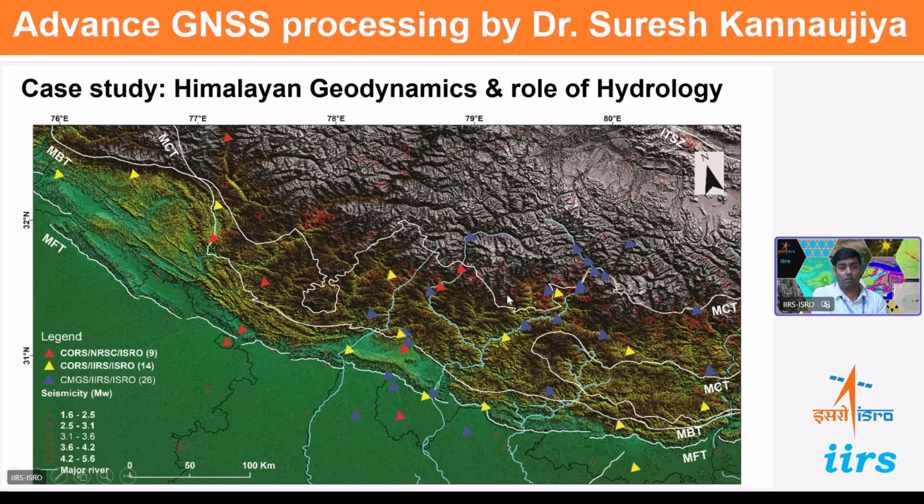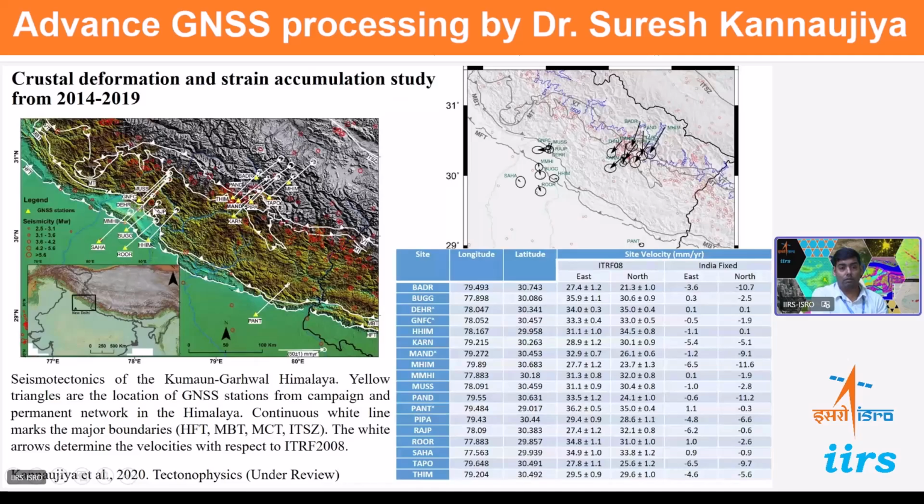So this is our study, and ISRO has set up around 30, 35 stations. Three or more centers are mainly working on this GPS: TAG, NRSC, IIRS. IIRS has set up 14 GNSS stations, NRSC has set up 7, 8 stations, and TAG has also set up stations mainly in the Northeast region, for this crustal deformation study.